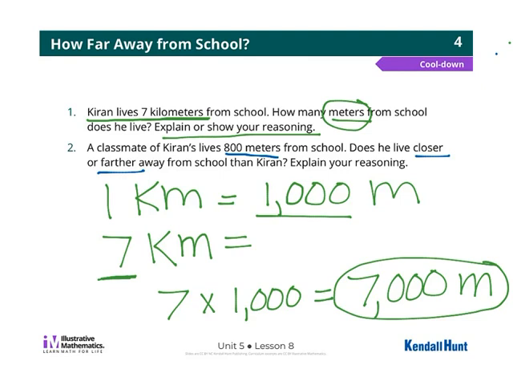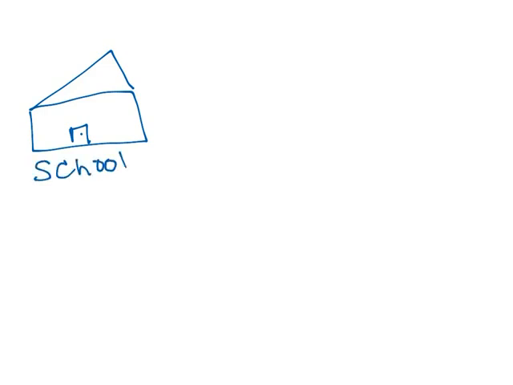Let's see. From the question, our unit is meters. And we're comparing Kieran to a classmate. So here's school, little door, call that school. And let's just say here is Kieran's house.